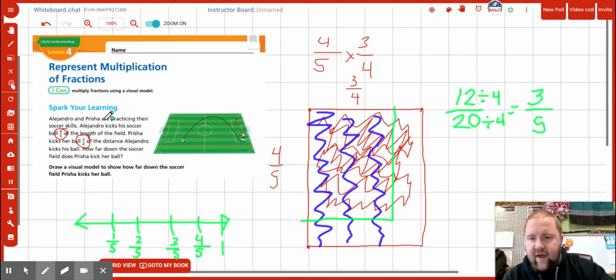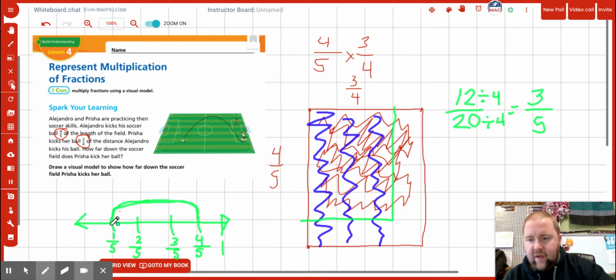If we're saying that Alejandro kicks it 4/5, that would be this distance here, right? So that's where Alejandro kicks it. If Prisha kicked 3/4 of this, well, we know we have 1, 2, 3, 4 of these notches, and she did 3 of those.